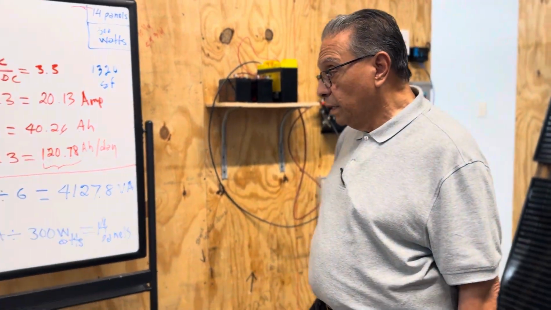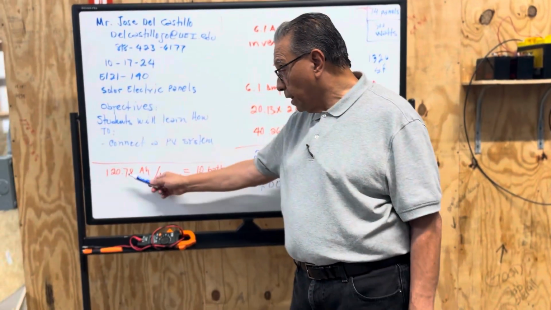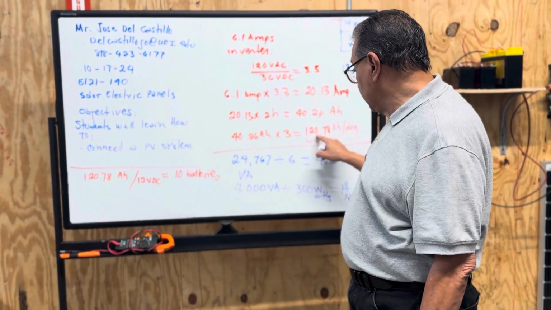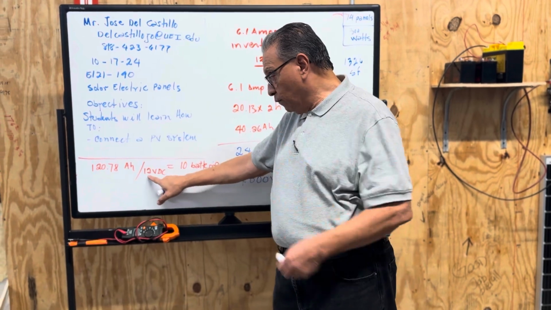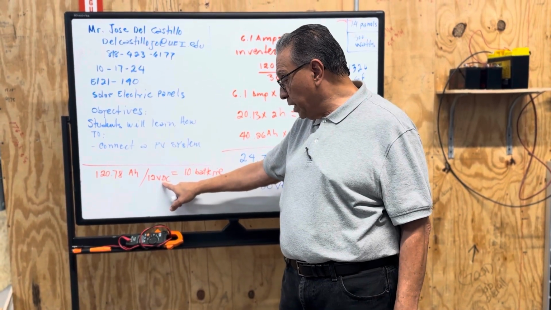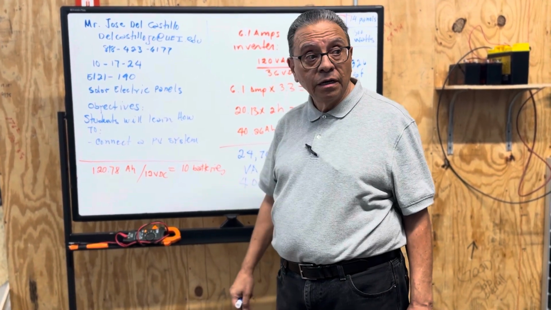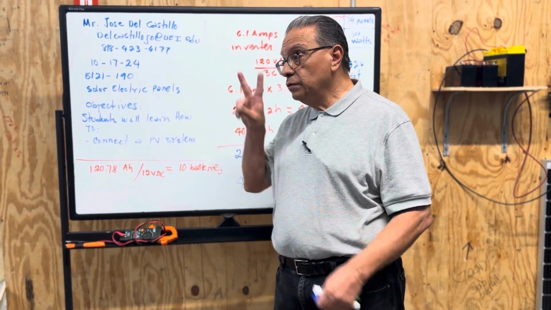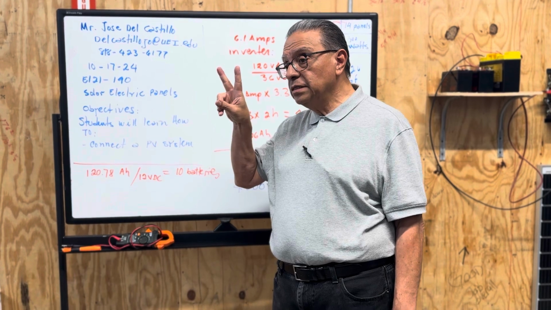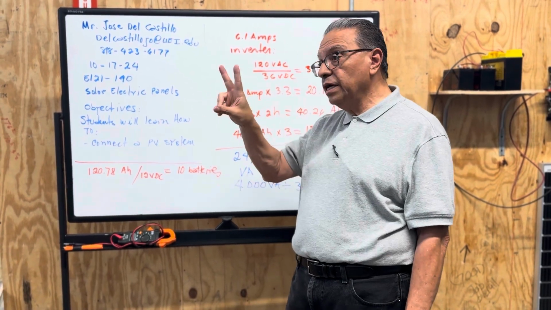Okay, and if I need 120 ampere hours per day divided by 12 volts that each battery is giving me, I need 10 batteries. With 10 batteries, I will be able to supply this energy for 3 days, and each day 2 hours.